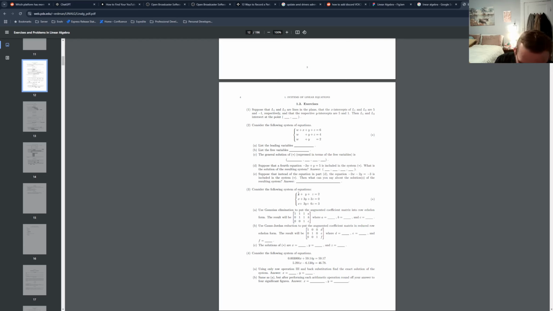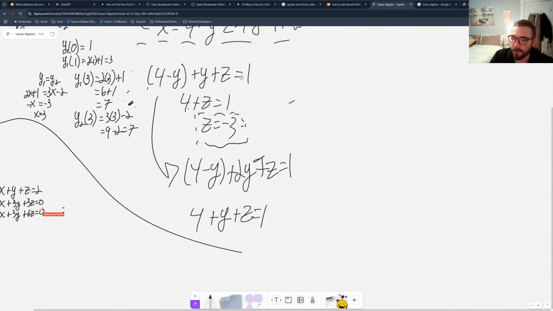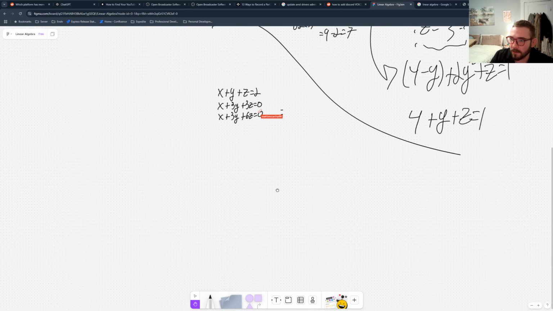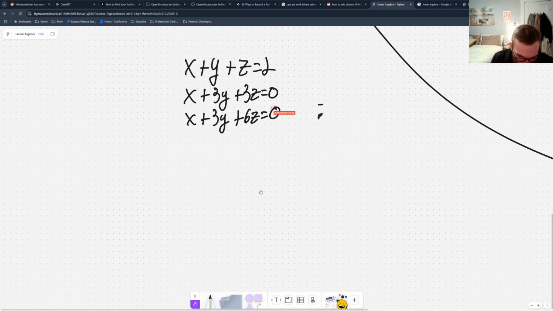And then we have x plus 3y plus 3z equals 0. And we have x plus 3y plus 6z equals 0. And let's solve it the way that we're more familiar with first, and then I'll go into some more complicated stuff.